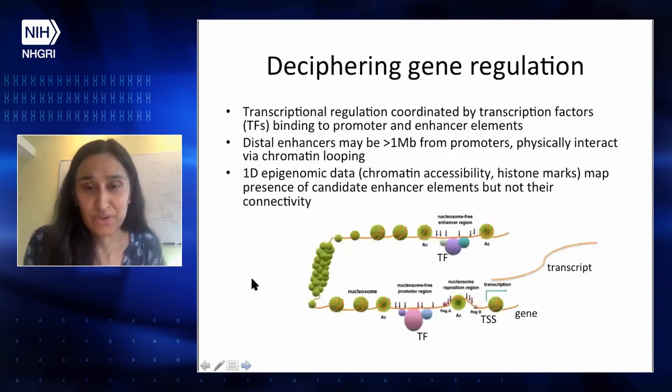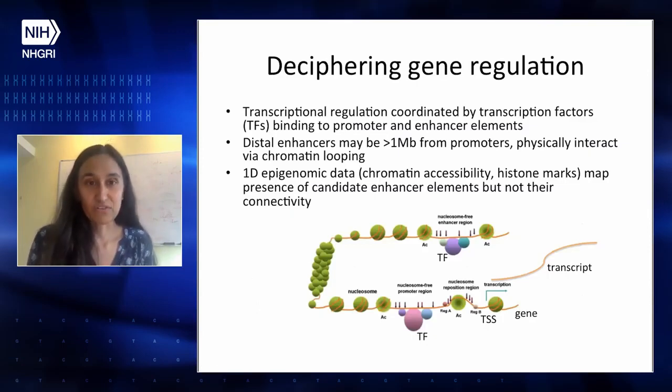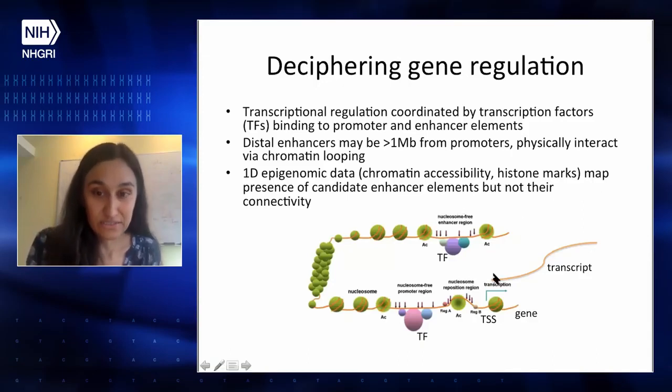All right, so as I'm sure you're aware, gene regulation involves the collaboration of transcription factors that bind at the promoter as well as at the enhancers that can be quite distal from the promoter, and DNA looping that brings enhancer elements in contact with the promoter and leads to upregulation of expression of the transcript.